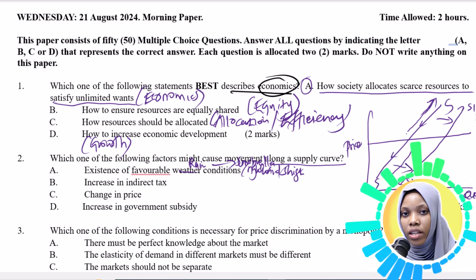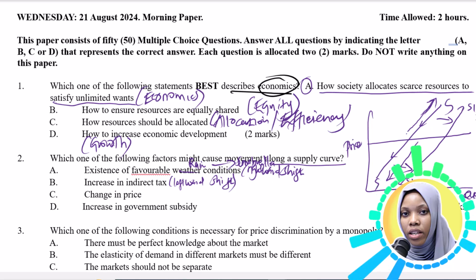An increase in indirect tax leads to a leftward shift in the supply curve, because the producers are going to produce less.